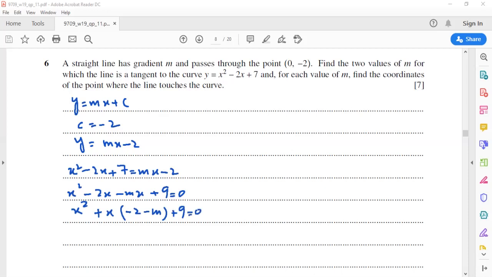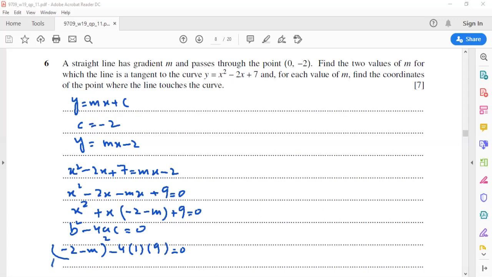And since it is tangent, b squared - 4ac must be equal to 0. So (-2 - m) whole squared - 4 into 1 into 9 equals 0.